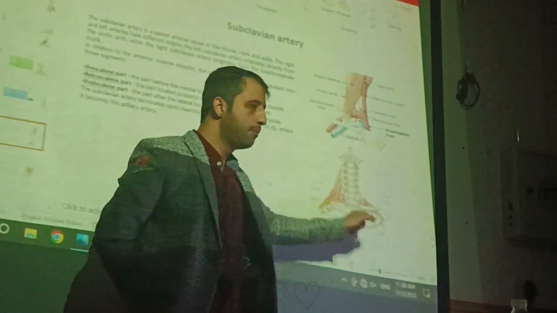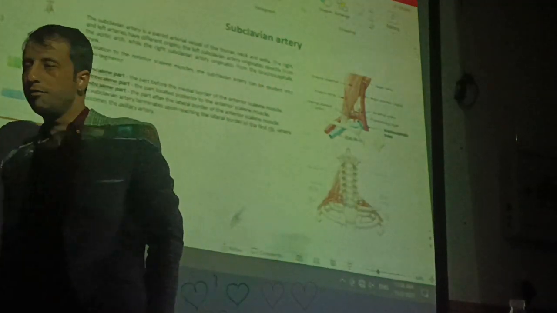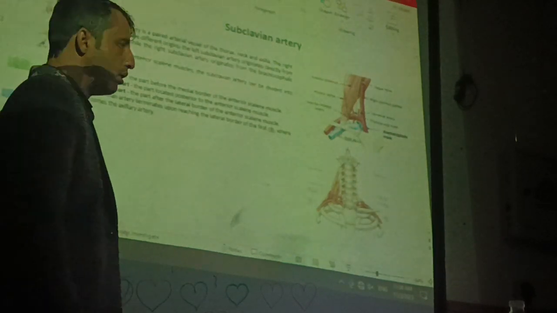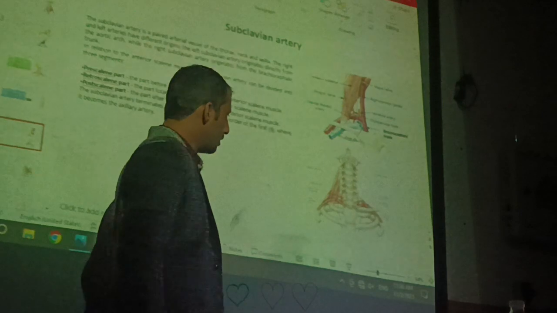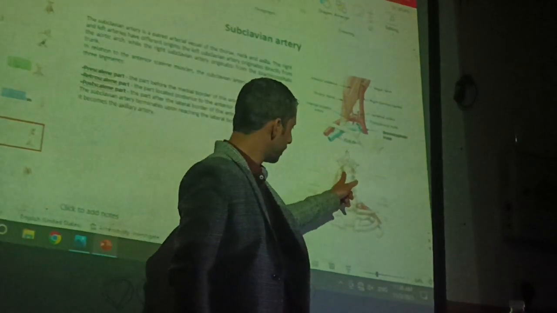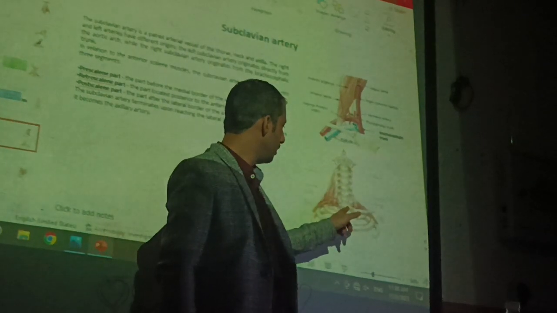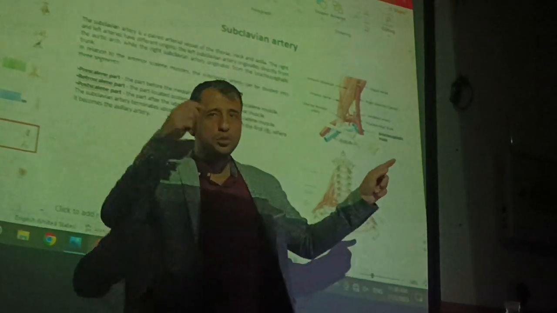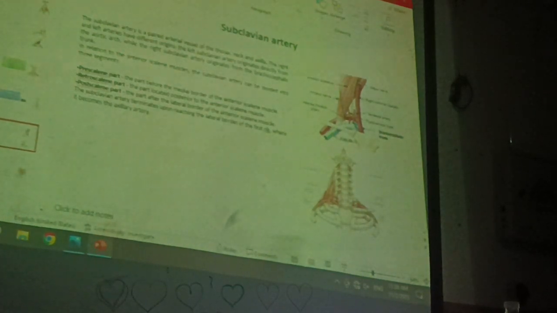But the branches. In the first part, the first branch is the vertebral artery. See the vertebral artery. The vertebral artery travels superiorly to insert into the transverse foramen.